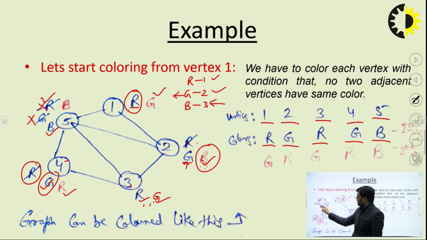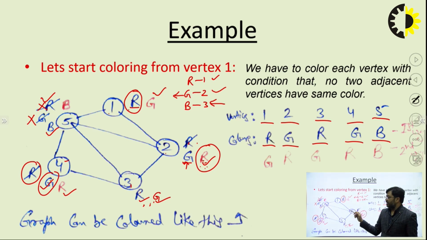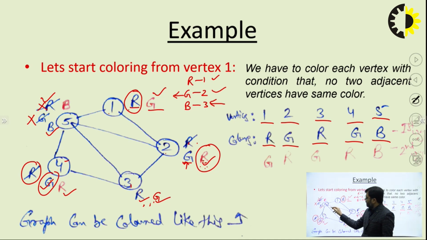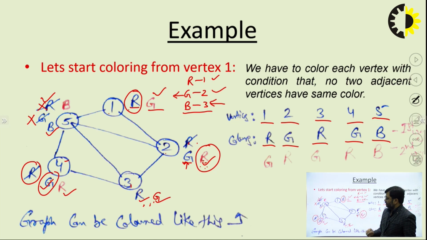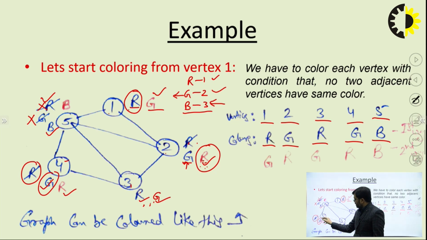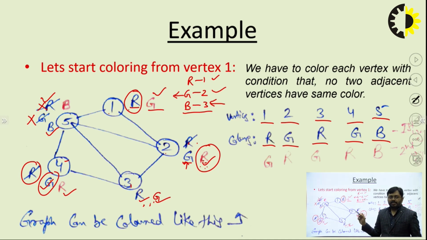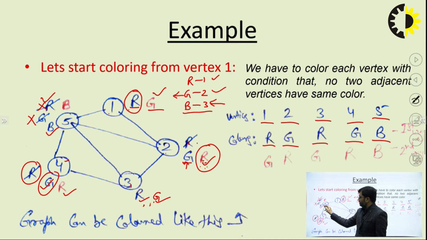Can we give the green color to this vertex? No, because we have green color at vertex 1 which is adjacent to vertex 5. Can we give the color number 3, that is blue, to vertex number 5? Yes, we can give the color blue to vertex number 5, which does not violate the rule.